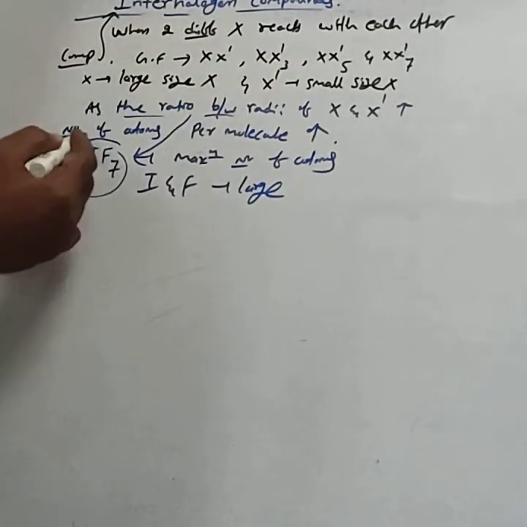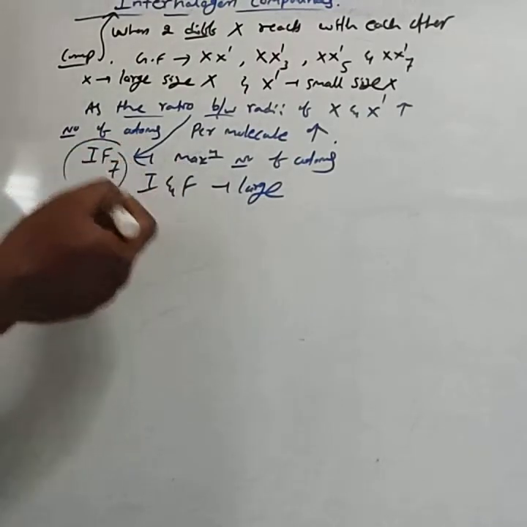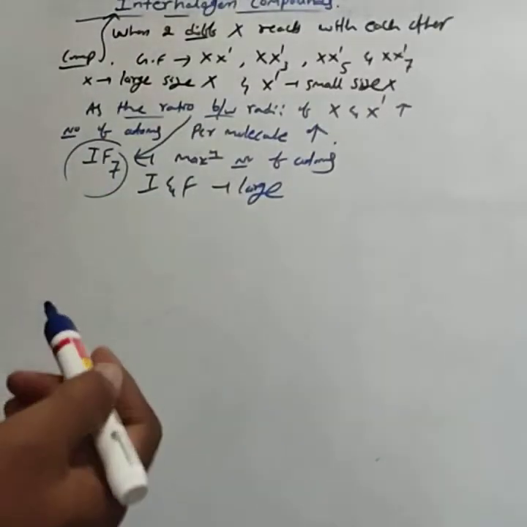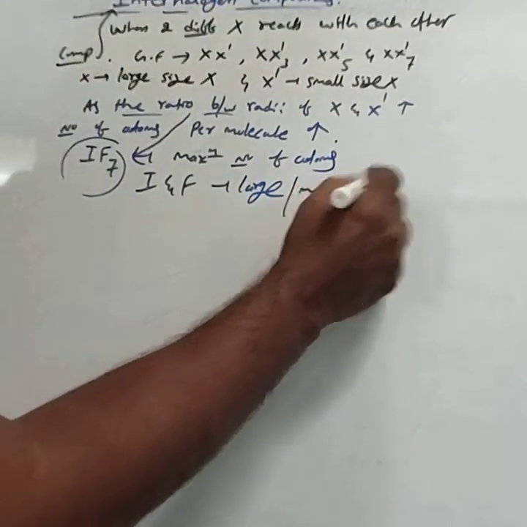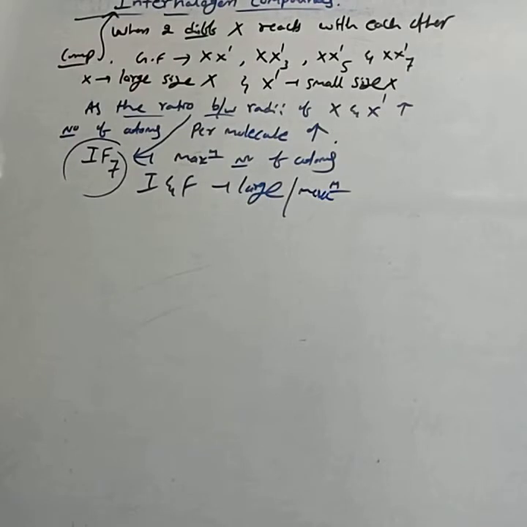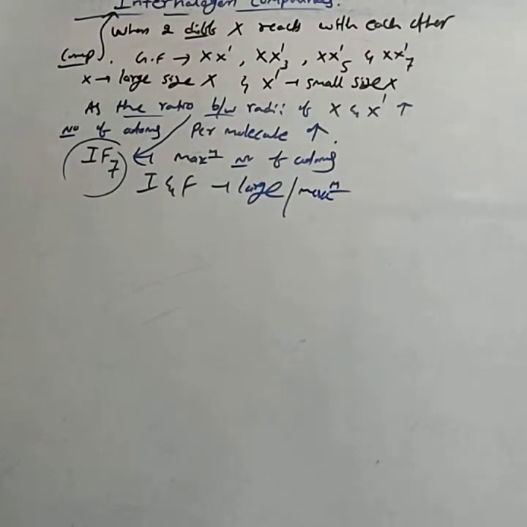Iodine is a large size halogen, fluorine is a small size halogen. Hence the ratio between the radii of iodine and fluorine should be maximum, and hence IF7 contains the maximum number of halogen atoms.